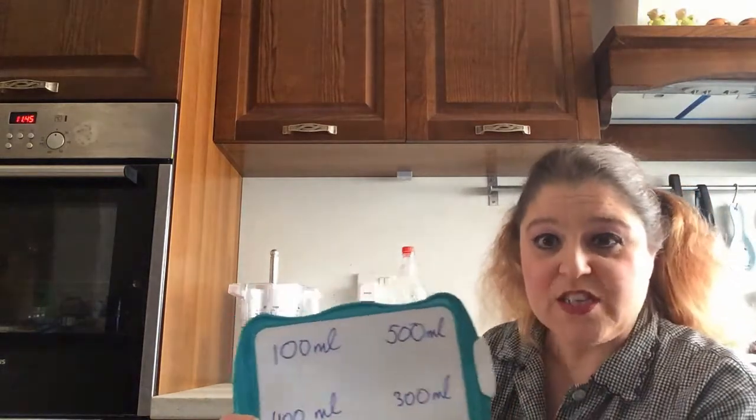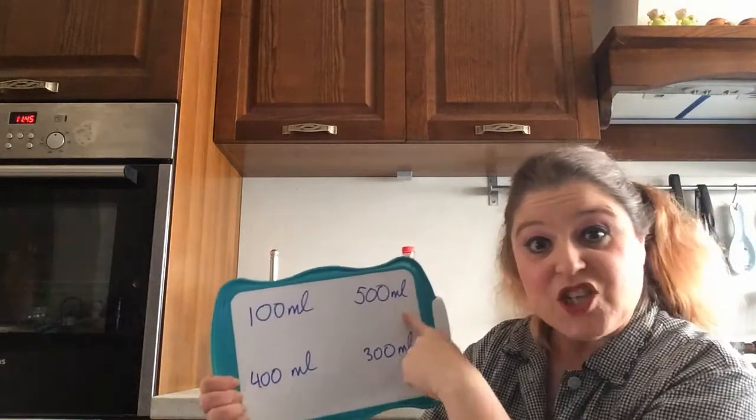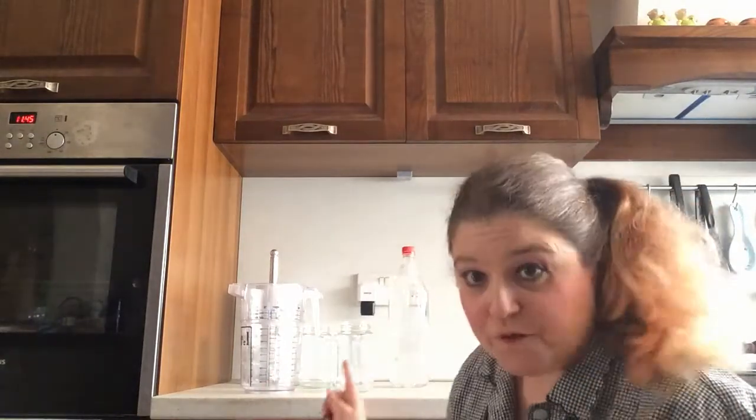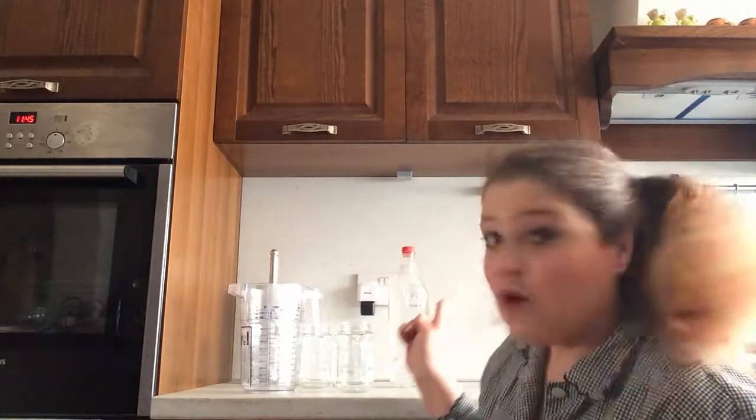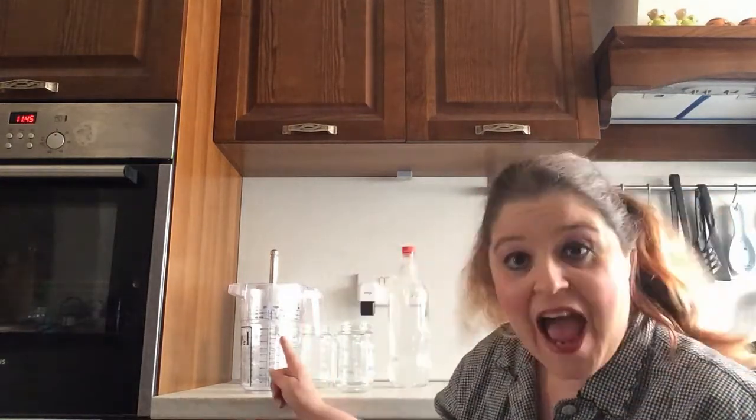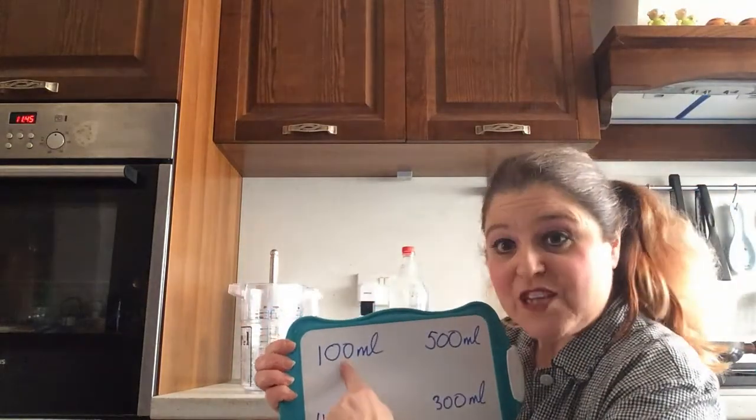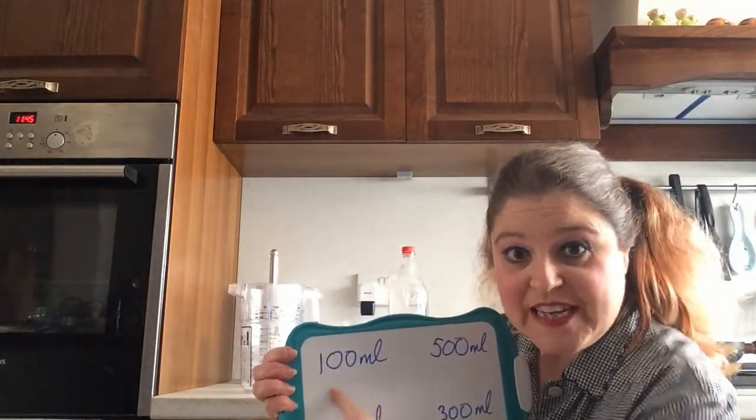Now, what I'm going to do is measure out each of these amounts and pour them into the 4 containers. All right? So if you're doing it with me, get your first container, your bottle of water, and your measuring jug. We're first going to measure out 100 millilitres.